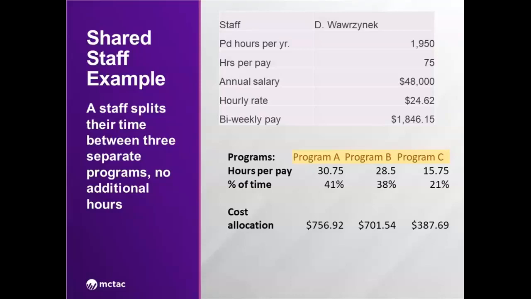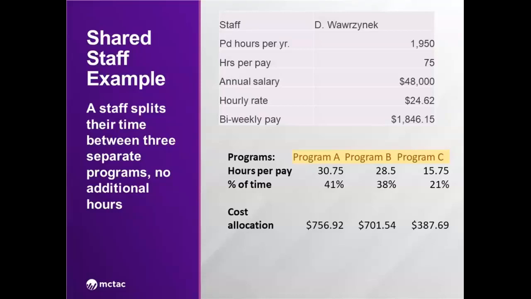So let's talk about another piece that I'm seeing more and more, which is a shared staff example. What we have here is myself as the staff. I'm paid 1,950 hours in the course of the year. My salary is $48,000, which gives me an annual of $24,000 and a biweekly of $18,000. But I work in 3 separate programs.